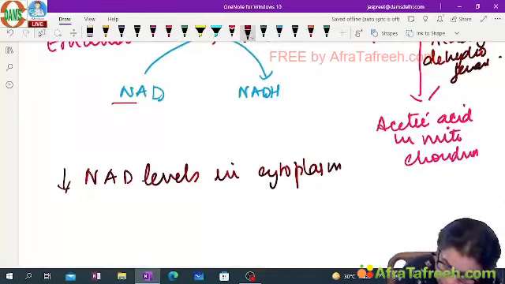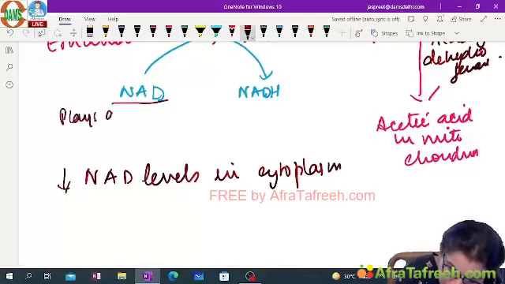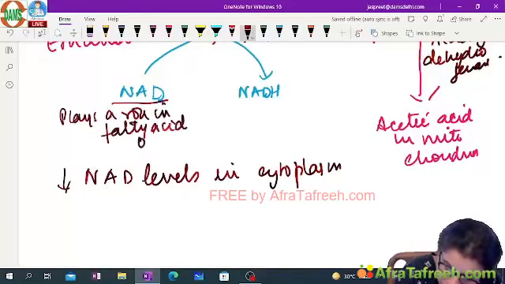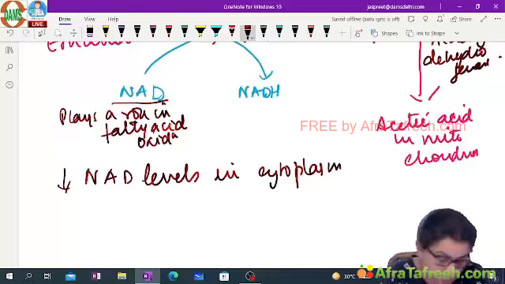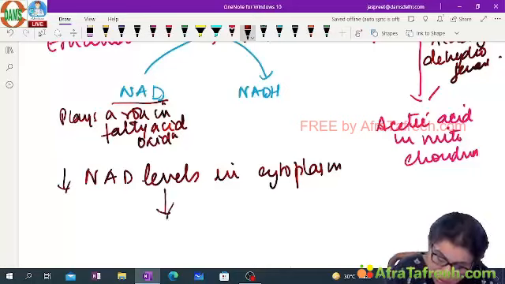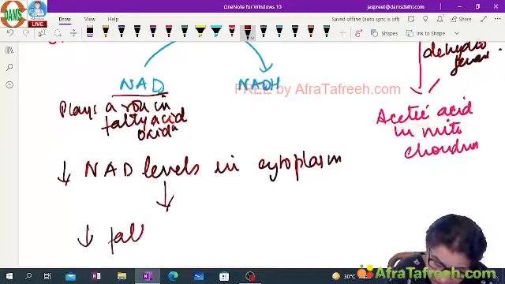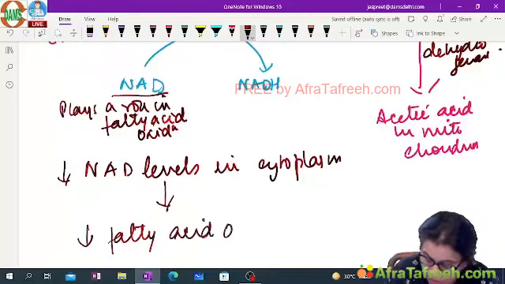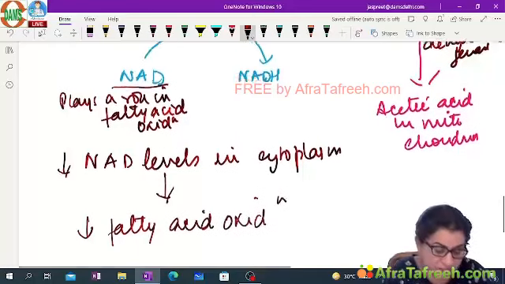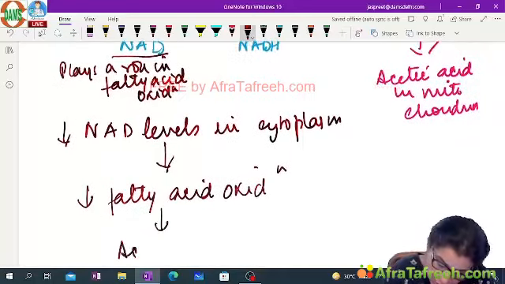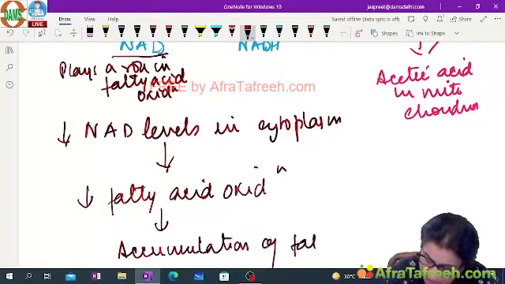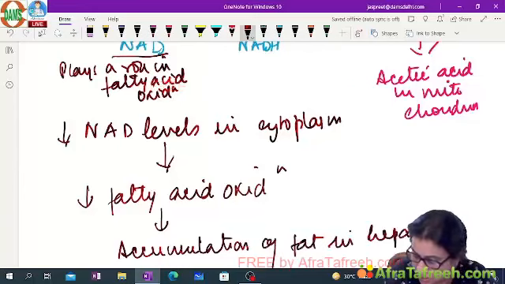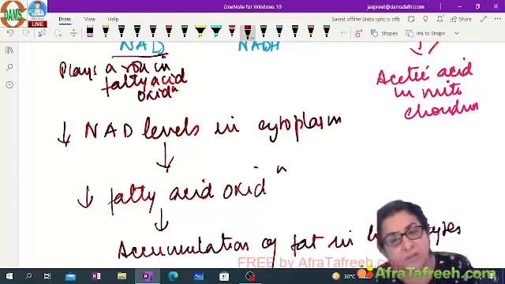So when NAD levels in the cytoplasm reduce, fatty acid oxidation decreases. Since NAD is not available, fatty acid oxidation decreases, and this leads to accumulation of fat in the hepatocytes. So as a result, in the hepatocyte, fat starts to accumulate.